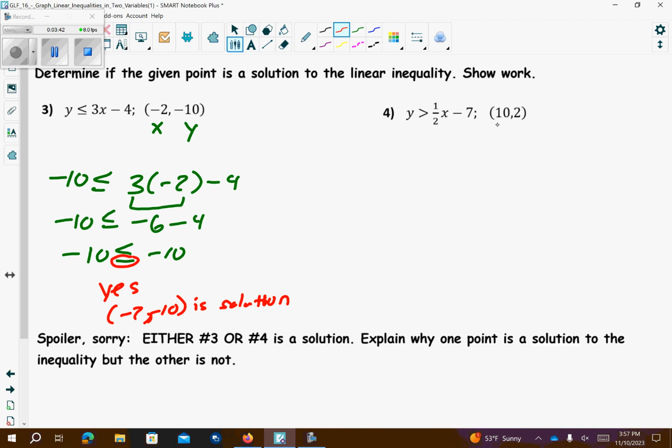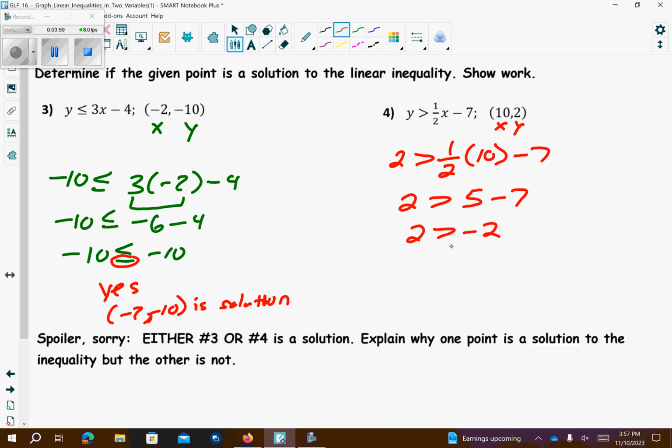Let's take a look at number 4, x and y. So I have 2 greater than 1/2 x, and now the x is going to be a 10. Is 2 greater than, well, half of 10 is 5, 5 minus 7? Is 2 greater than -2? Do I have an equal sign in any of my inequalities here?